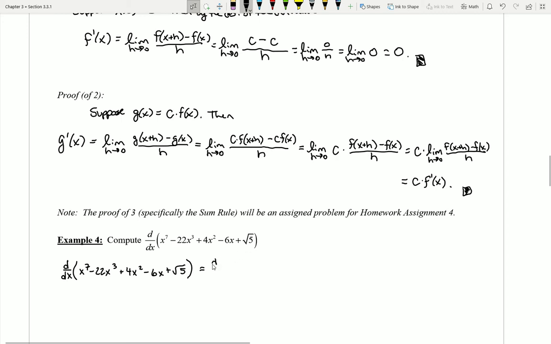So I might go ahead here and separate this out to look like the derivative of the first piece, minus the derivative of the next piece, and then plus the derivative of my third piece, 4x squared, then minus the derivative of 6x, and then finally plus the derivative of the square root of 5.